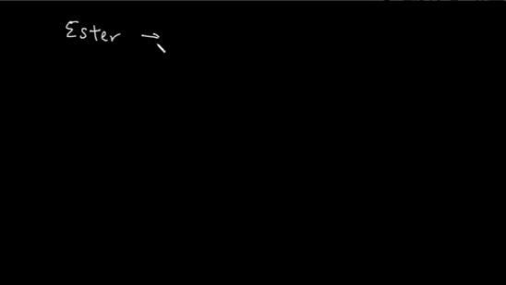Now, you know that carboxylic is COOH, right? If it was an ester, just know that this H will not be there. It will just be COO, then any other thing. That's ester. So this is called the carboxylate group.